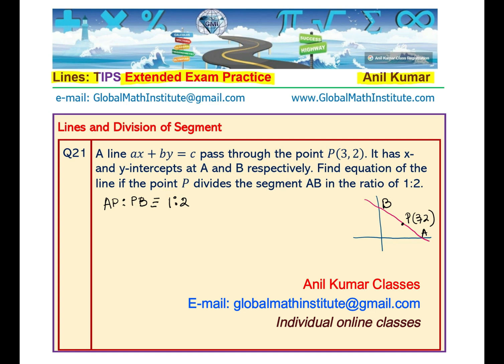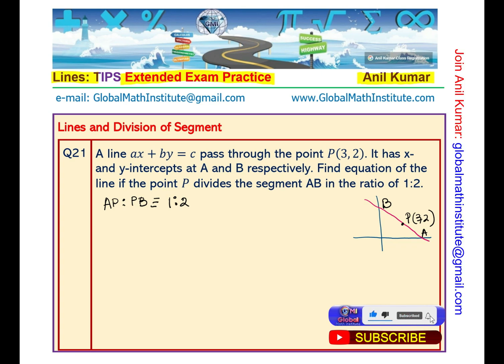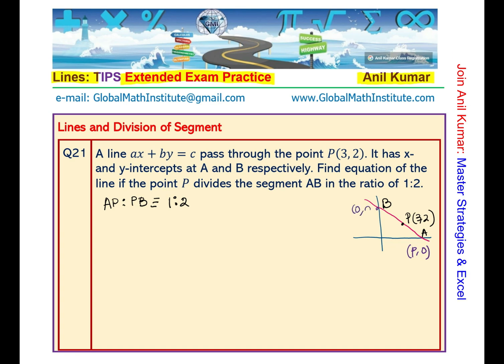Now, let's figure out the coordinates of points A and B. A being the x-intercept, the y value is going to be 0. So let's say the coordinate point for A is (p, 0), and for B, the coordinate point is (0, q).